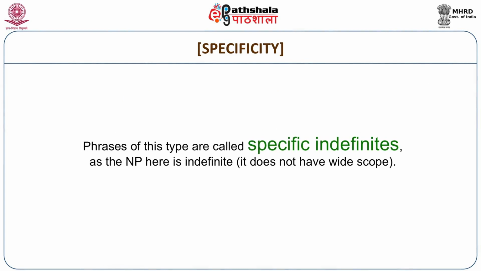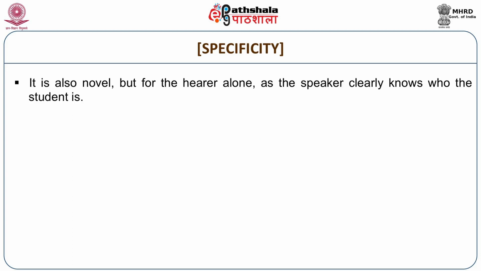Phrases of this type are called specific indefinites, because the noun phrase here is indefinite, and picks out an individual who corresponds to my set of friends or set of students. However, it is identifiable only for the hearer, as the speaker clearly knows who the student is.